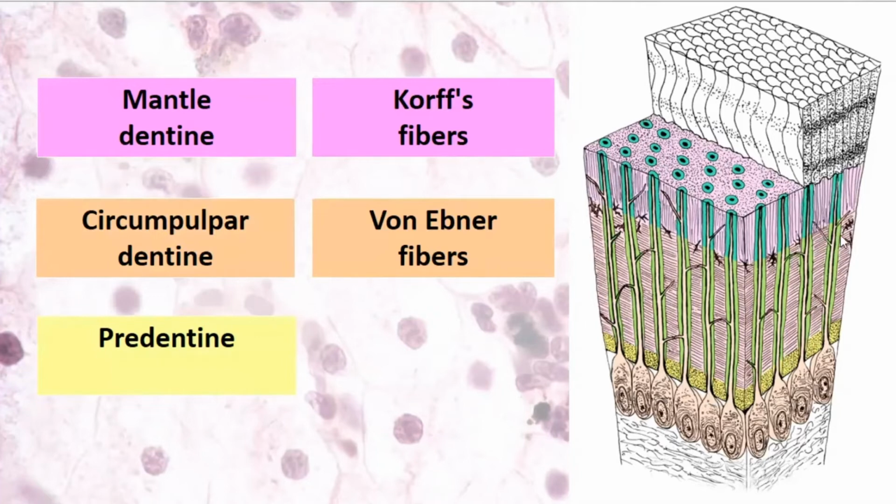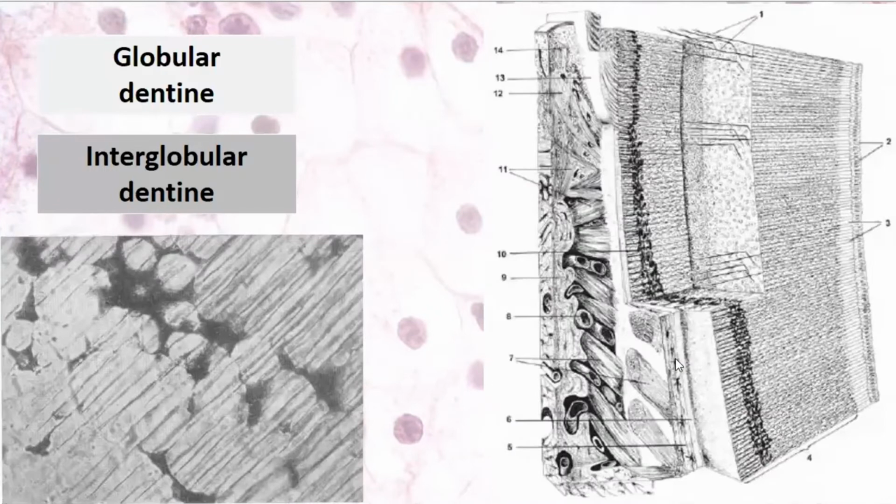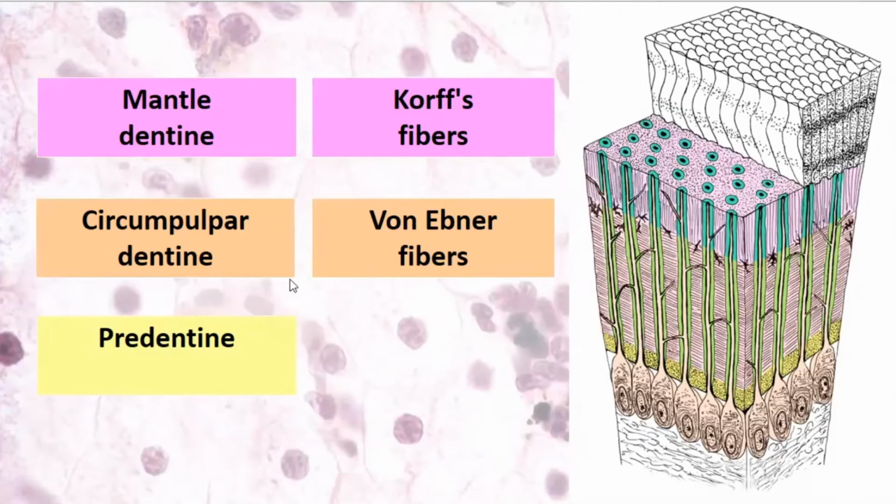They have tangential direction, which follows the surface of dentine and tooth. So here we can see the distribution of collagen fibers in different regions of tooth. And one more classification. So we have already two classifications: peritubular and intertubular dentine, and mantle, circumpulpar dentine, and predentine.